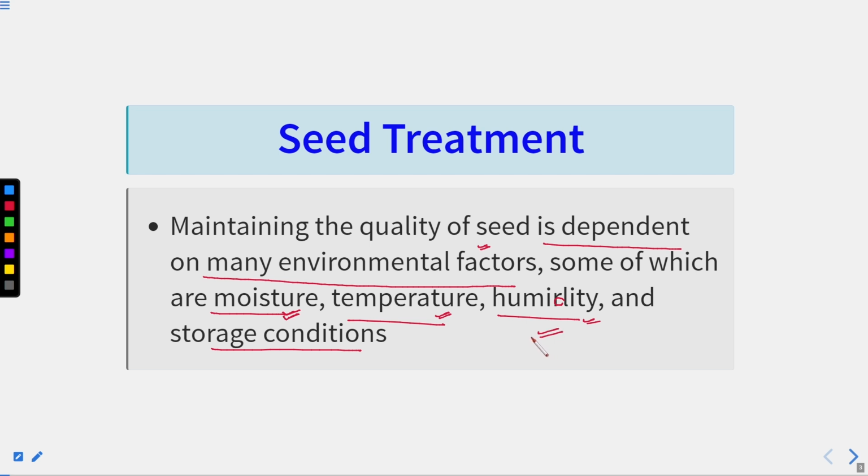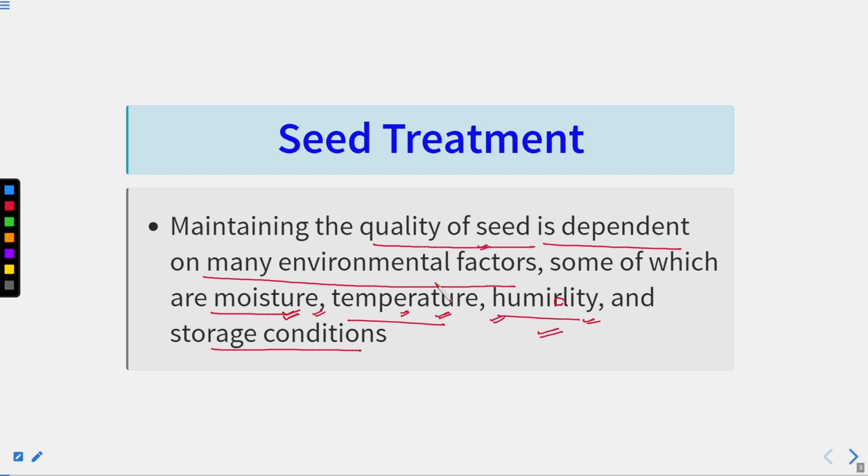So how to control our seeds, as these factors will be there? Moisture will always be there, temperature will always be there, humidity will always be there. So how to maintain the quality of the seed, because there are so many microbes that can affect the seeds.